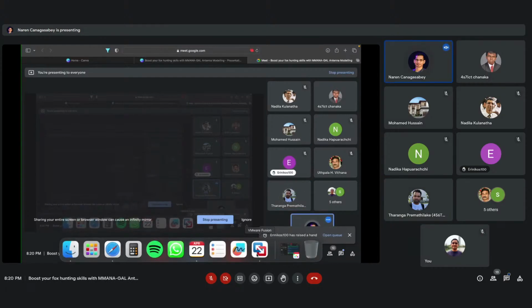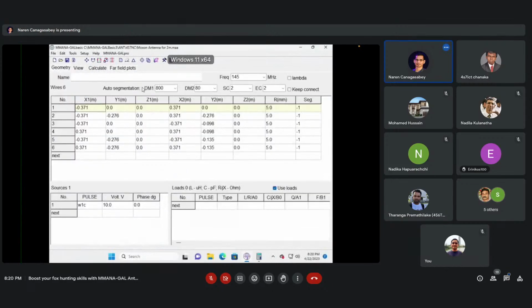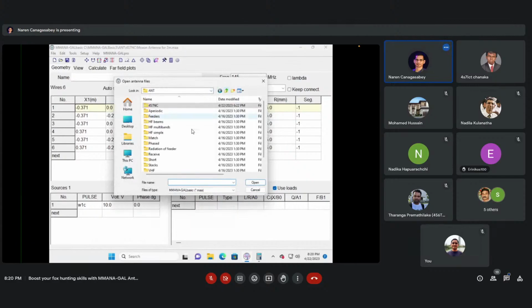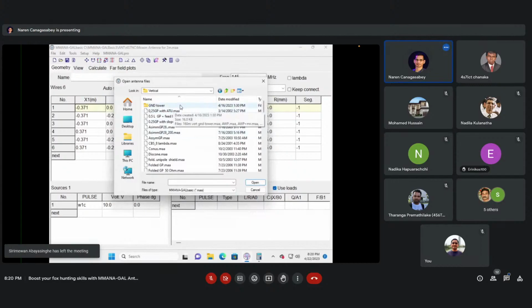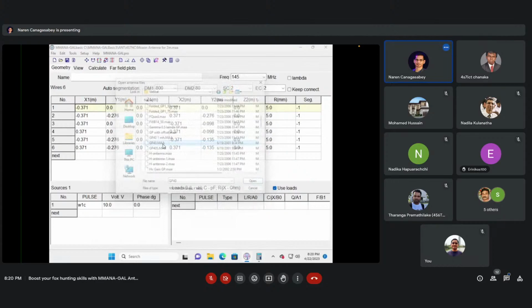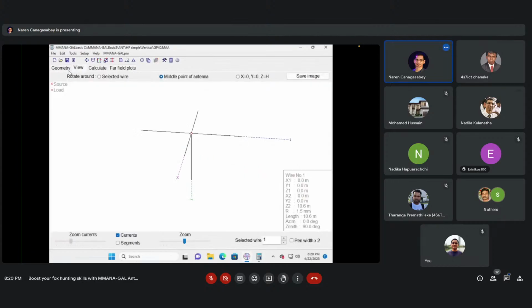So, Taranga, let me just go back to the software. Here you can see this section called loads. So if I were to take, say, for instance, an HF simple vertical, let's say a ground plane, for instance. No, wrong choice of antenna.